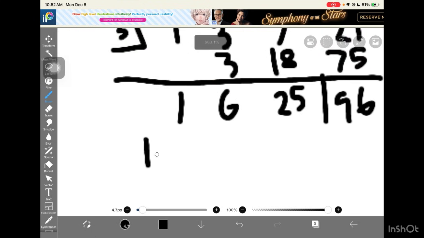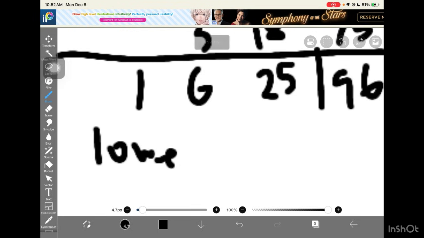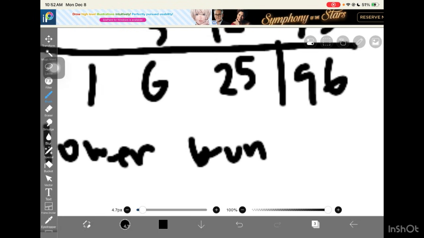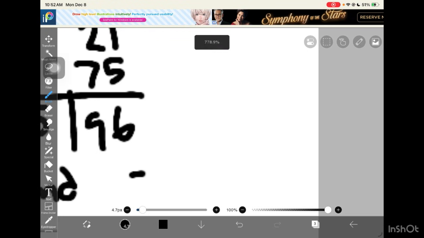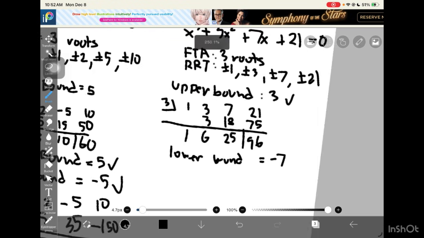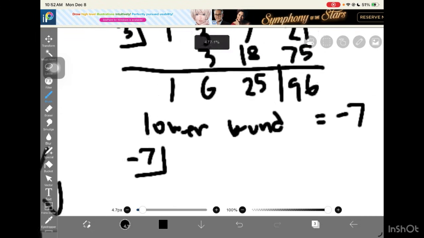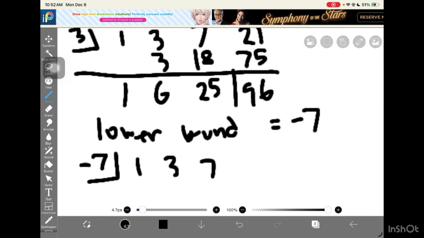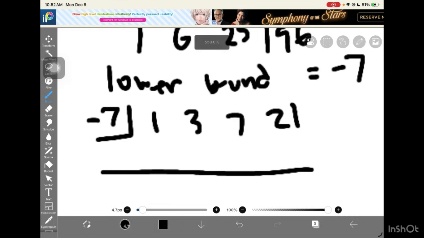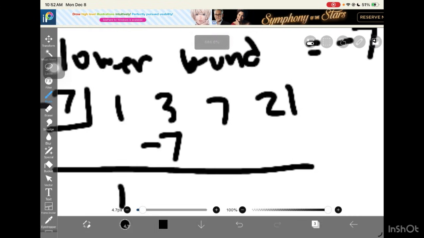How about our lower bound? Let's try negative 7. So 1, 3, 7, 21. 1 times negative 7 is negative 7. So this is negative 4.